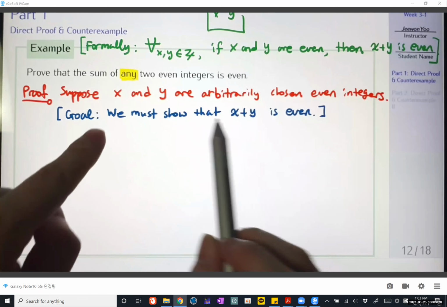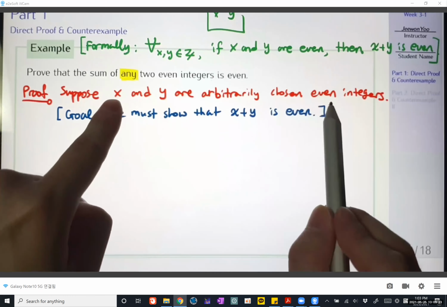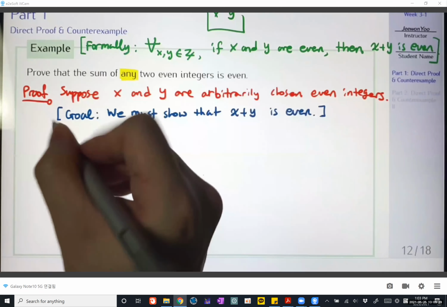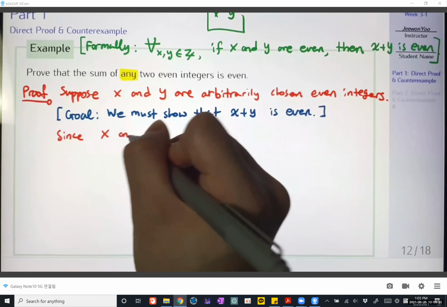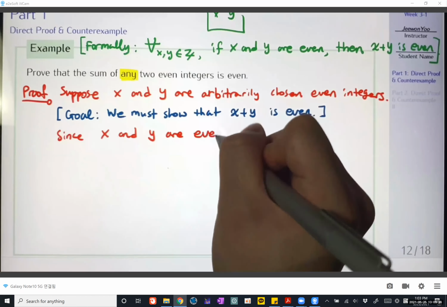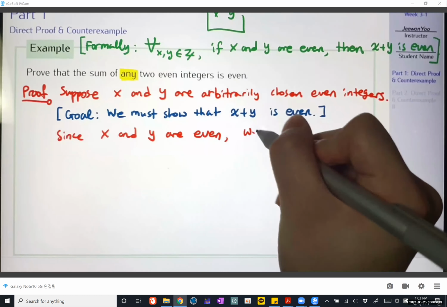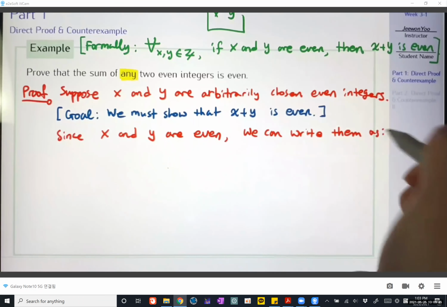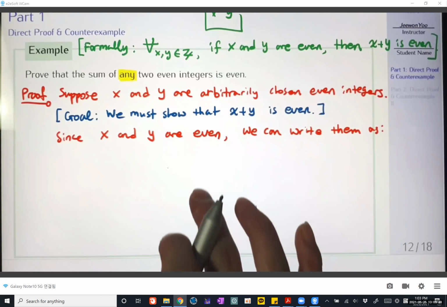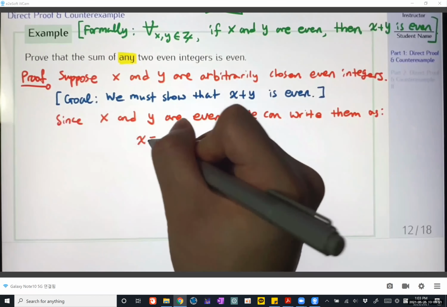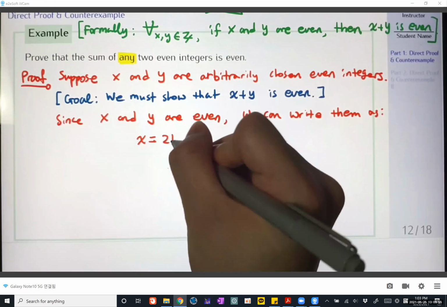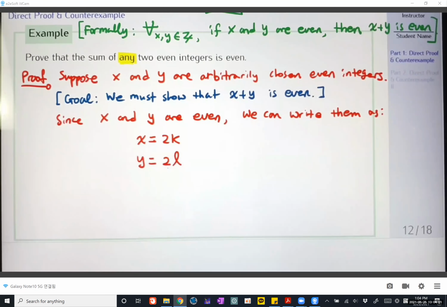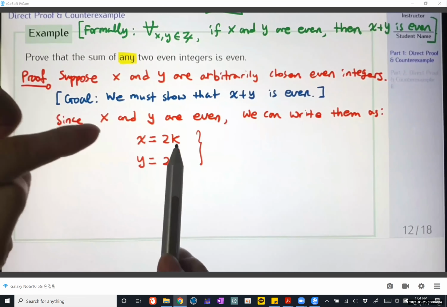Now, look, since x and y are even integers, we can write them as the following. x can be written as 2 times some integer, 2k, and then y can be written as 2 times L. I'm going to use L. And please remember, k and L must be different.